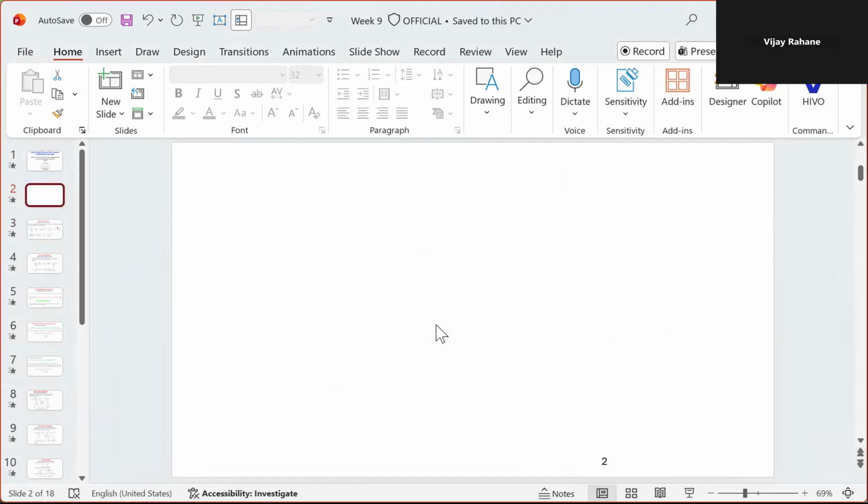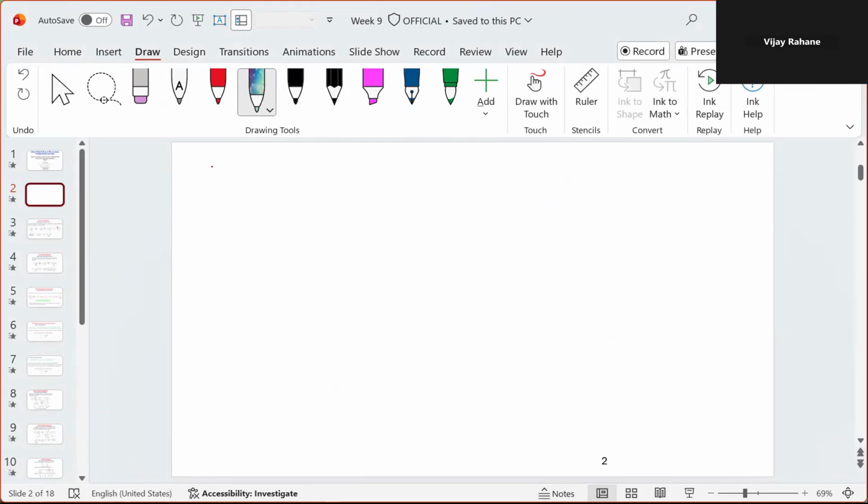In asymmetric synthesis, the first thing that we have covered is the resolution method.